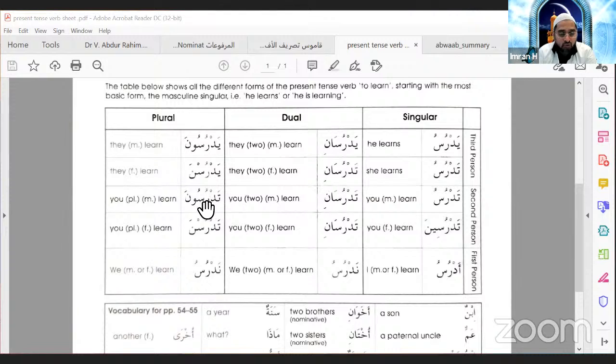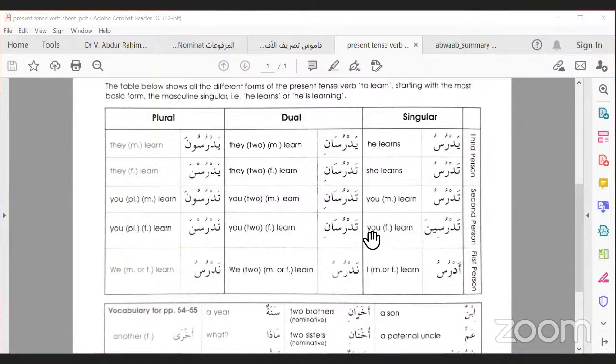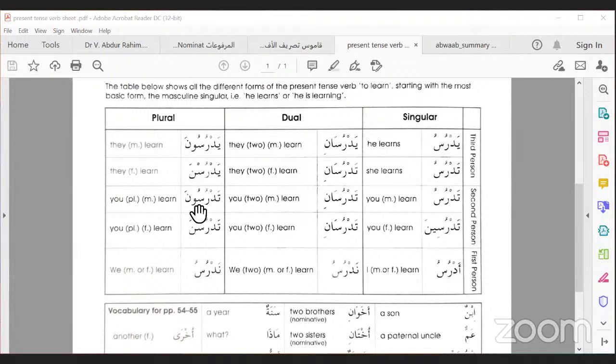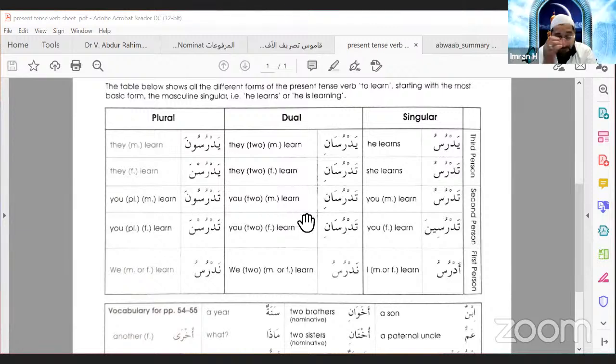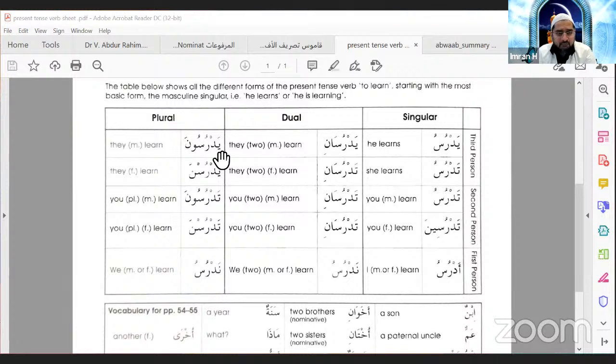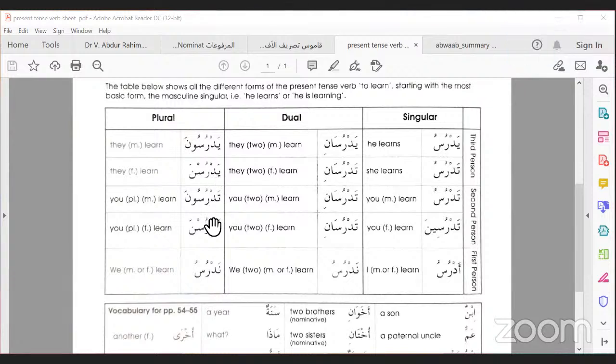Now, Sheikh, when it's a female, I see over here that the first six, the third column plural, has a ya at the beginning, and the two men learn is yadrusani.